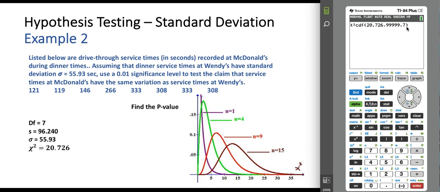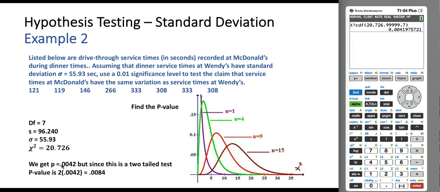Those of you with the older calculator, it should look like this. Press enter, and we get a value of 0.0041975721. That is not our p-value, however. So pause here for a minute.